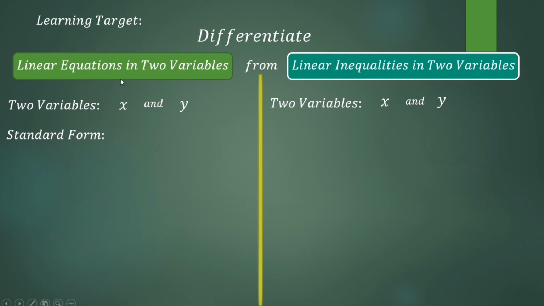The standard form for linear equations is any equation that can be written in the form ax plus by is equal to c, where at least one of a and b is non-zero.